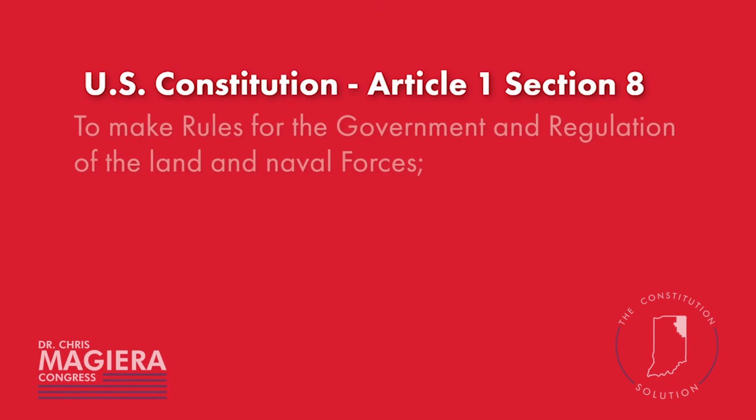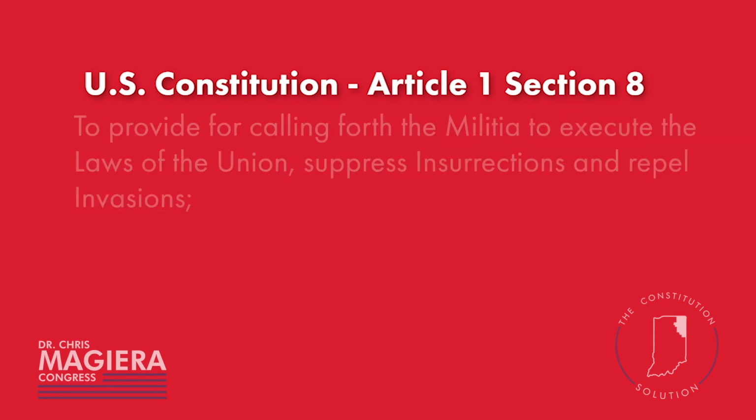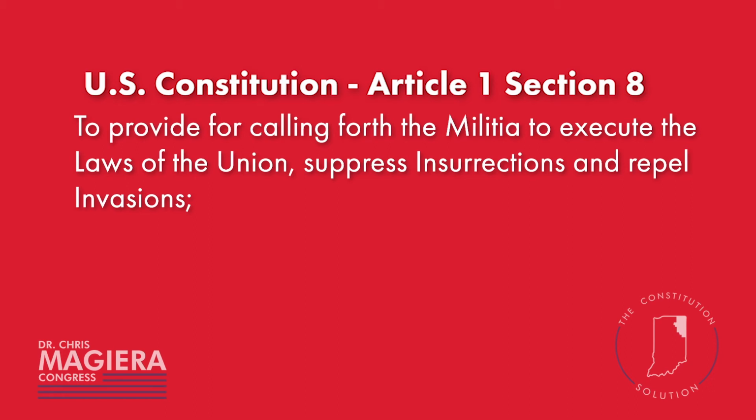Number 14, to make rules for the government and regulation of the land and naval forces. Number 15, to provide for calling forth the militia to execute the laws of the Union, suppress insurrections, and repel invasions. Think about it. Only Congress. Not the president, not the courts, only Congress.